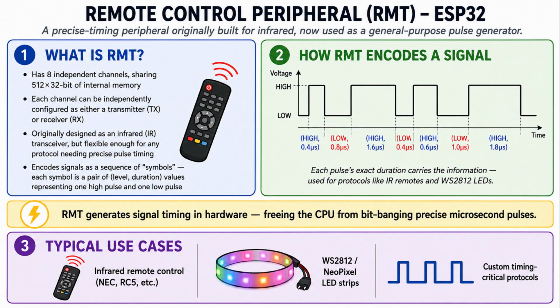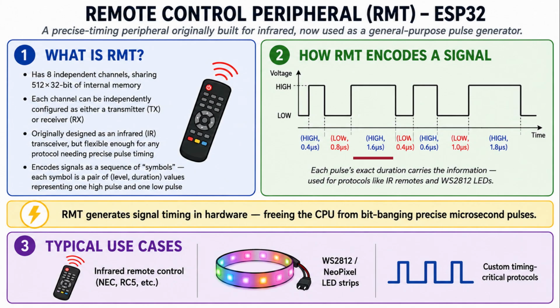Finally, let us talk about RMT, the remote control peripheral. RMT originally came from its use as a remote control or infrared peripheral, but it has become much more general than that. RMT is useful whenever we need very precise timing of pulses.